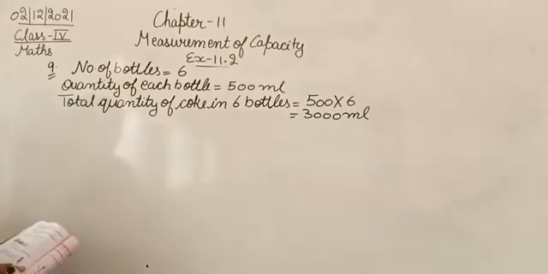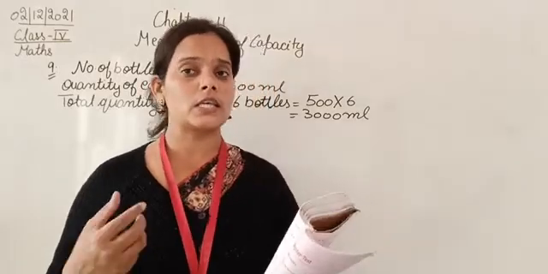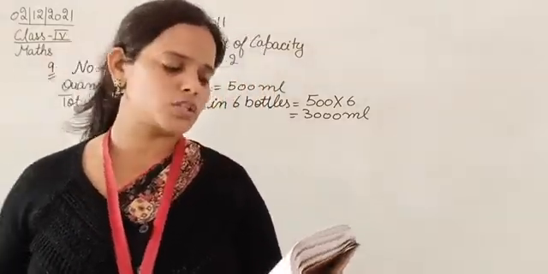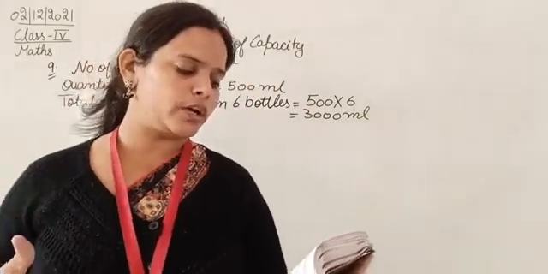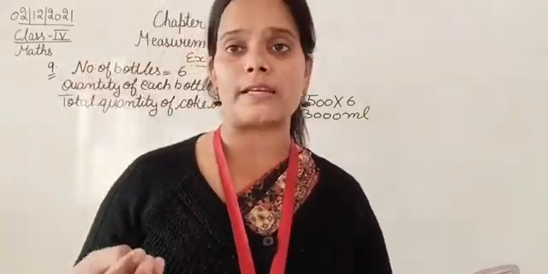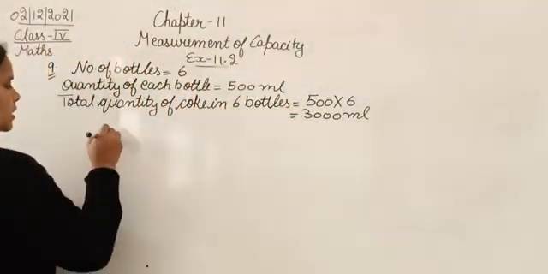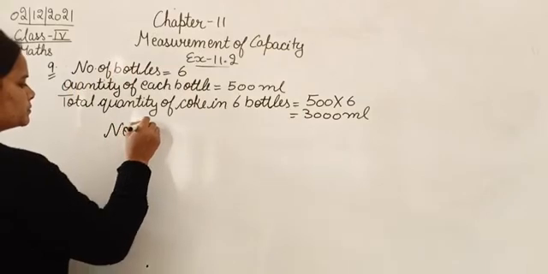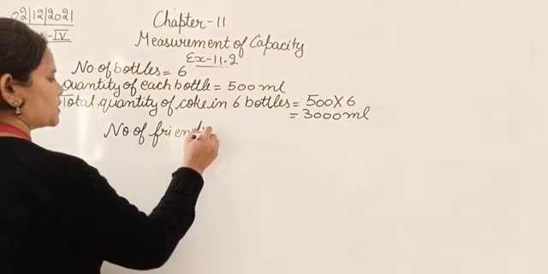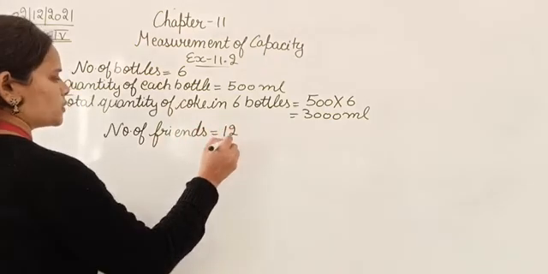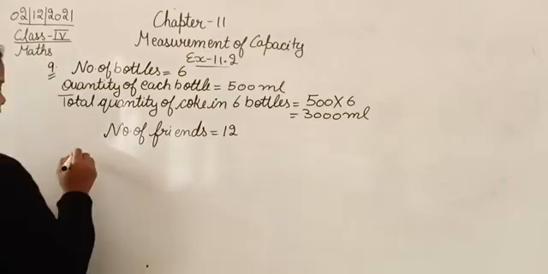Okay, now this 3000 ml, a 3 liter Coke, is equally distributed amongst 12 friends. Now we need to find out what quantity of Coke is being drunk by each friend. So number of friends is equal to 12.